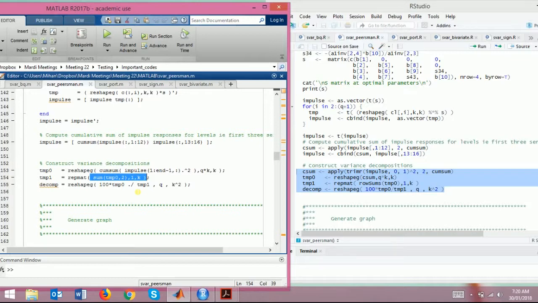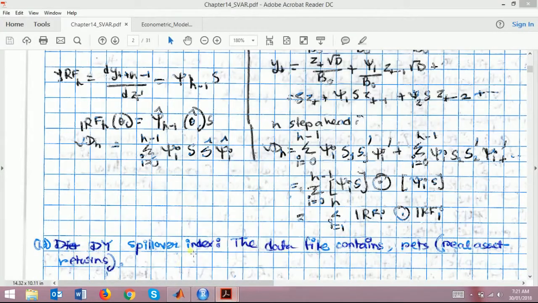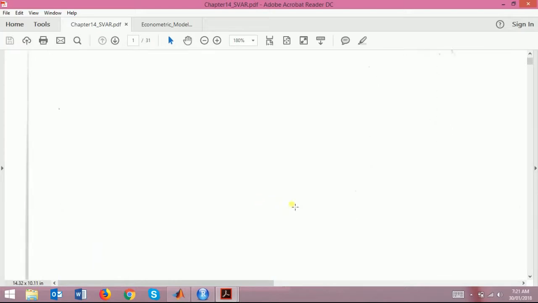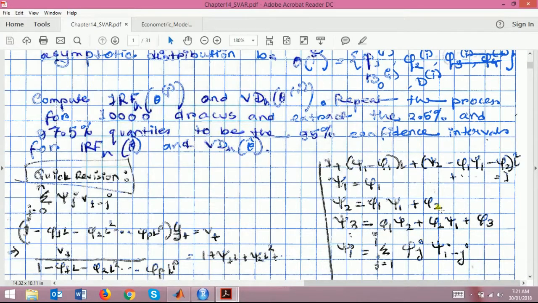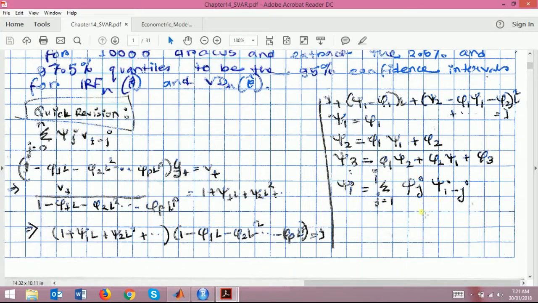Because decomposition requires psi I minus, basically there's a relationship between the autoregressive and moving average parameters. That relationship is established. What was the relationship? Psi equals phi j, psi I minus j.